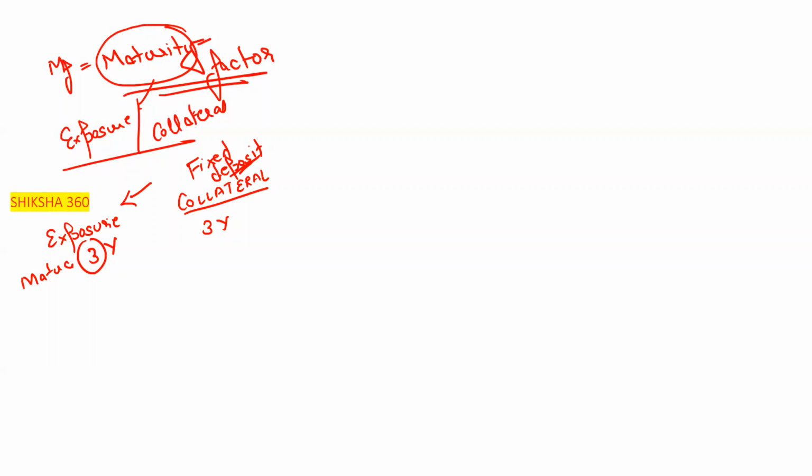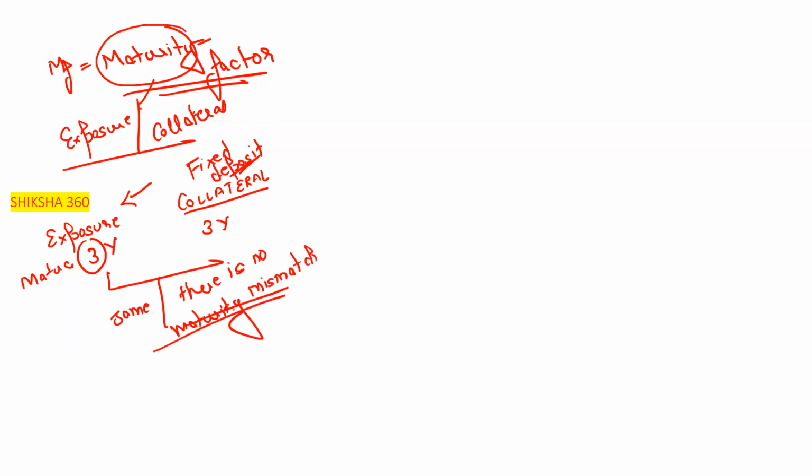The collateral has maturity of 3 years, and the exposure also has a tenure of 3 years. So the tenure of the exposure and the collateral is the same, or there is no maturity mismatch. When there is no maturity mismatch, MF is equal to 1. Clear?